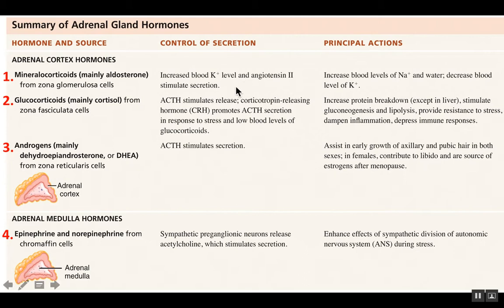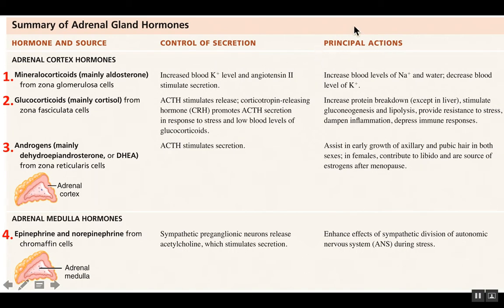It is produced when the body has a high potassium level in the bloodstream, or if the body needs to get rid of sodium and water. So the stimulus is either high potassium or low sodium and water.